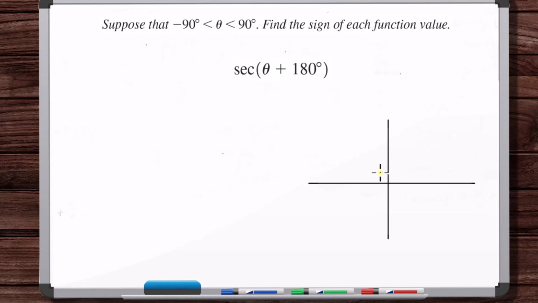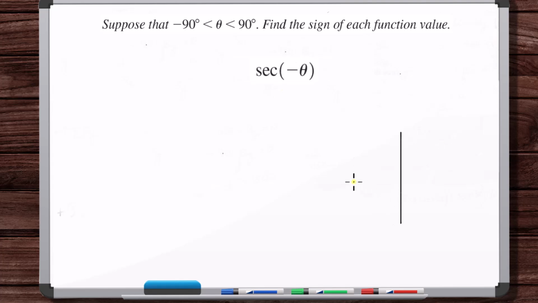Minus 90 plus 180 is positive 90. 90 plus 180 is positive 270. So we're going to be in the second or the third quadrant, where x is always negative, and y could be positive or negative, but secant is the reciprocal of cosine, so this is always going to be negative.